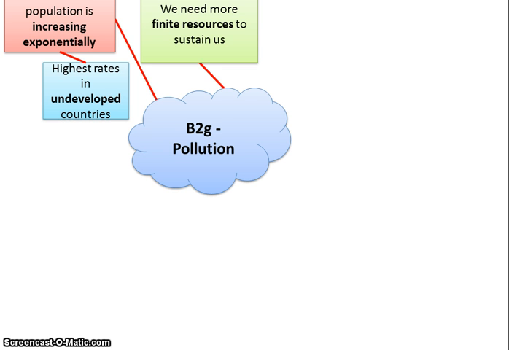Now, the highest rates, believe it or not, are actually in the undeveloped countries, and this is, again, still because of better farming methods and things like that. But the problem with that is, if you've got a massive human population, it means you need to have more and more resources in order to sustain us.